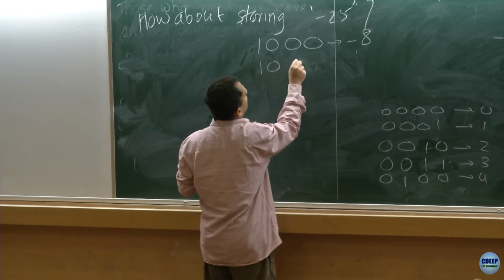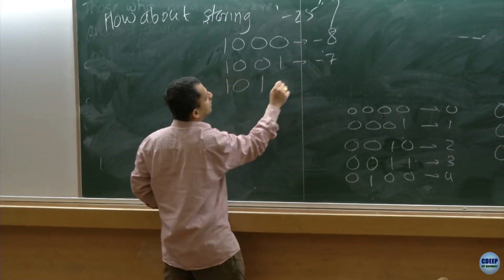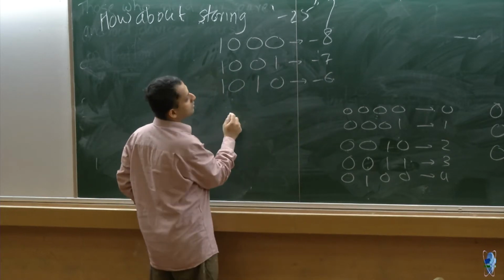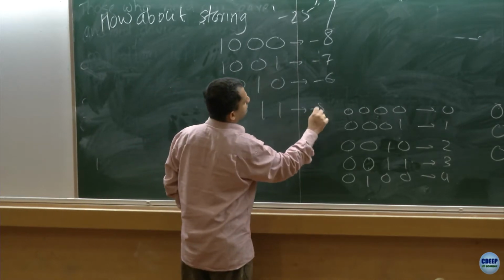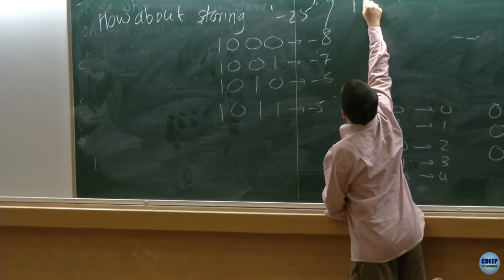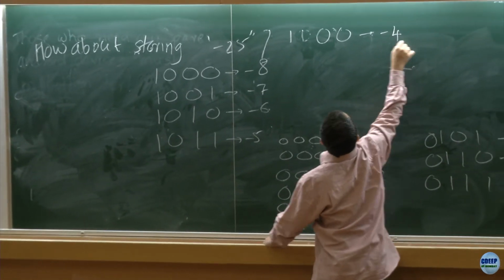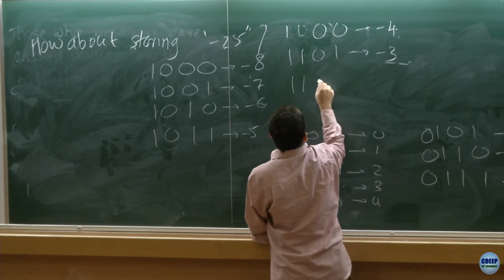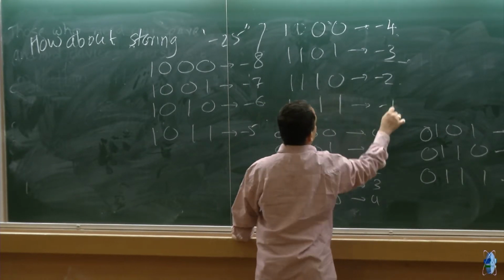So 1 0 0 1 is minus 7, then 1 0 1 0 will become minus 6, 1 0 1 1 will become minus 5, 1 1 0 0 will become minus 4, 1 1 0 1 minus 3, 1 1 1 0 minus 2, and 1 1 1 1 will become minus 1.